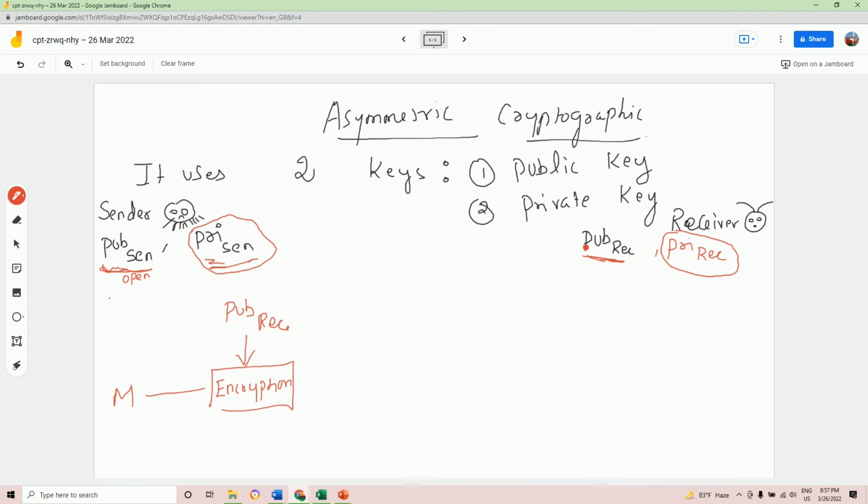See, the public key of the receiver is shared. So the receiver shares its public key with the sender. So the sender takes the message and encrypts the message using the public key of the receiver. Now you have the cipher.